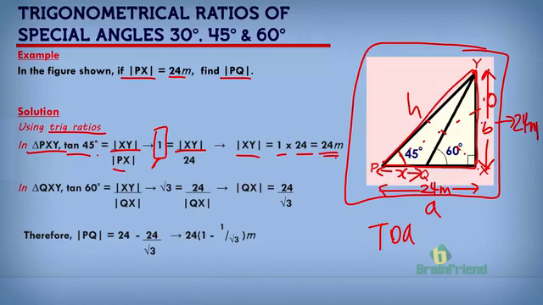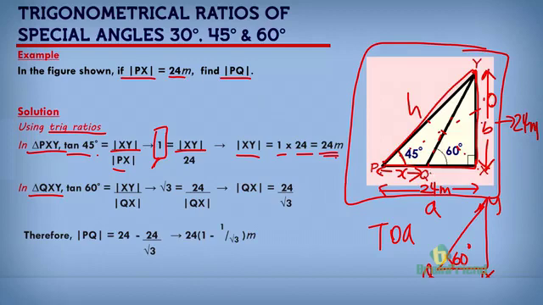All right? Now we go ahead in triangle QXY, the inner triangle there. So we have Q, we have X, and we have Y. We have an angle here, 60 degrees. Remember what we are looking for is line PQ.